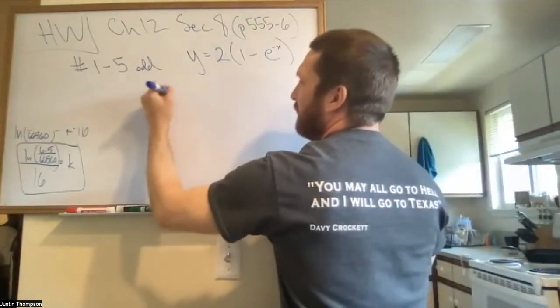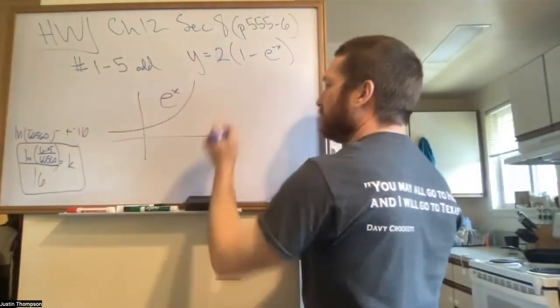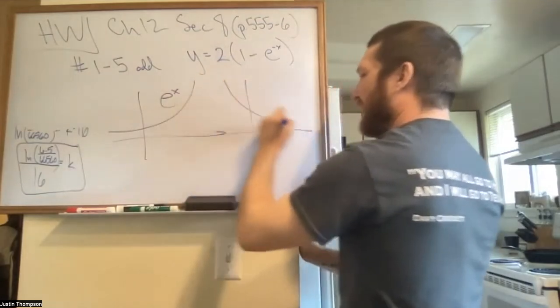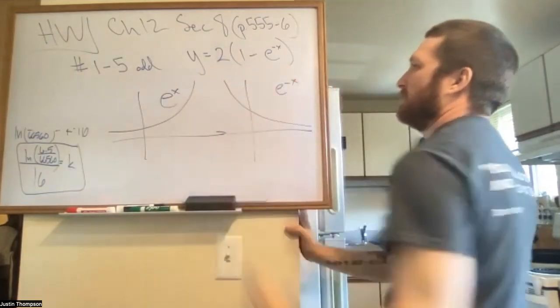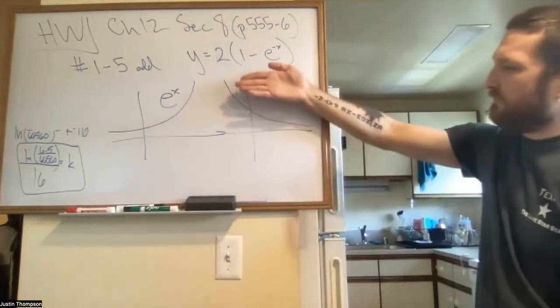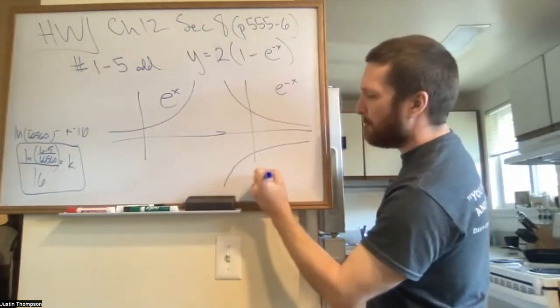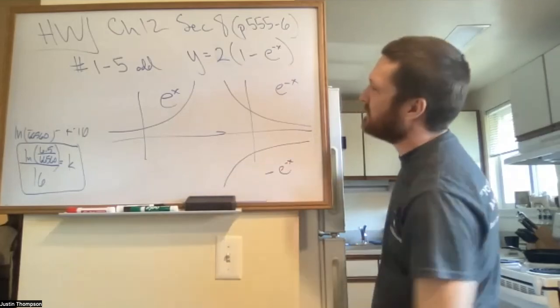And I could say, well, if e to the x looks like this, then e to the negative x looks like that. So then minus this would flip it down like that. This would be minus e to the negative x.